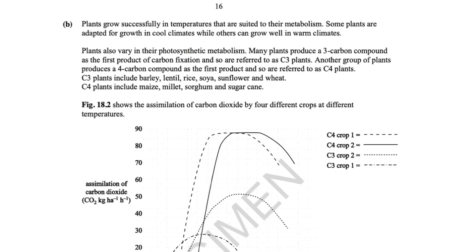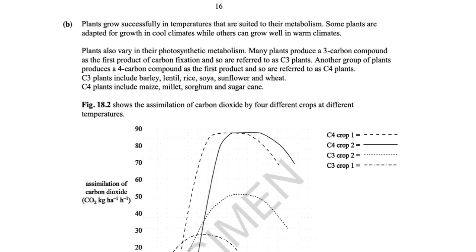Some produce a 3-carbon compound as the first product of carbon dioxide fixation, so referred to as C3 plants. Others produce a 4-carbon compound, so referred to as C4s. C3s: barley, lentils, rice, soya, sunflower and wheat, and C4: things like maize, millet, sorghum and sugarcane.